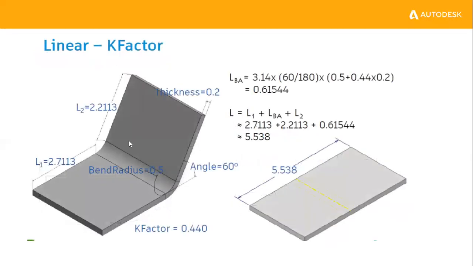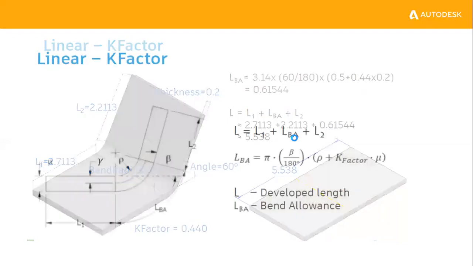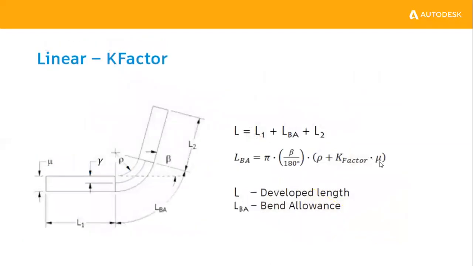This is a typical example where we can see my L1 is 2.7 and my L2 is 2.2, and I have a thickness of about 0.2. My bend radius is 0.5 and my angle is beta, and this is my rho value. You can see in this formula my rho value, my t is the thickness, and my beta is the angle.